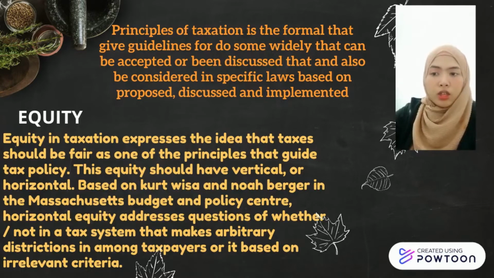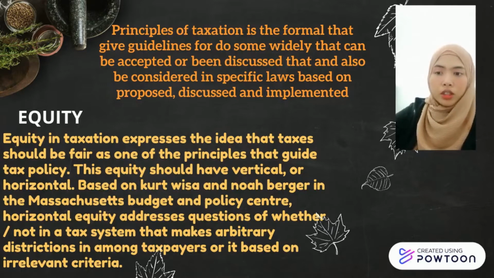This equity can be vertical or horizontal. Based on Kurt Weiss and Noah Berger of the Massachusetts Budget and Policy Center, horizontal equity addresses the question of whether or not a tax system makes an arbitrary distinction among taxpayers, or is based on irrelevant criteria.